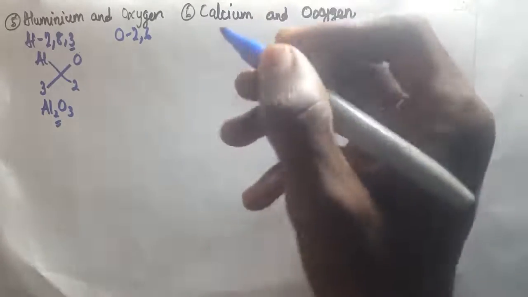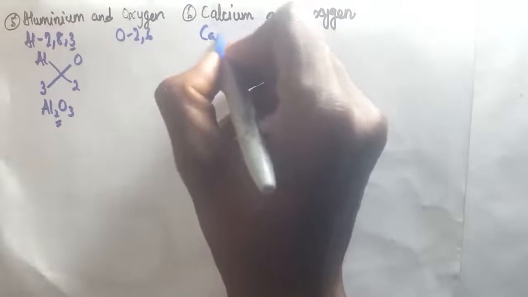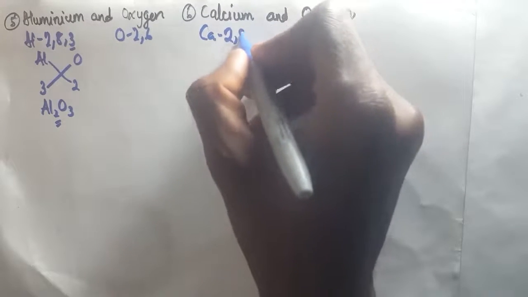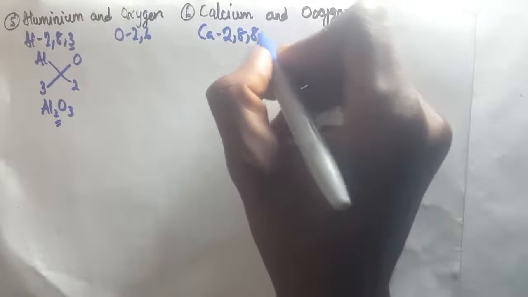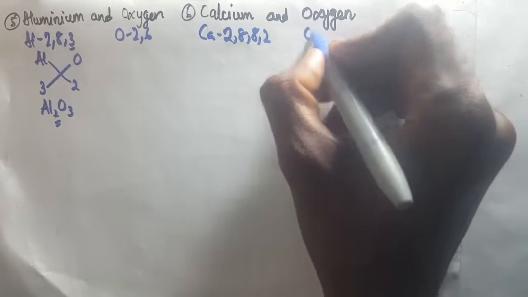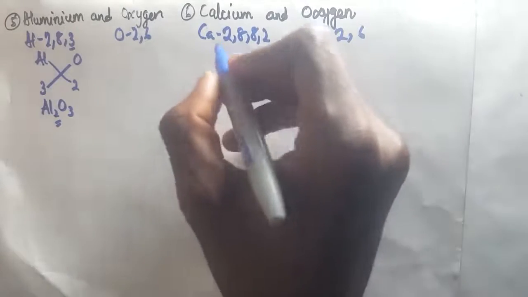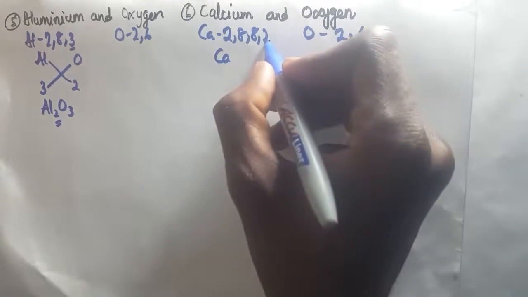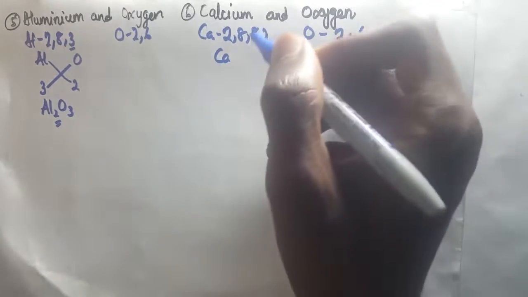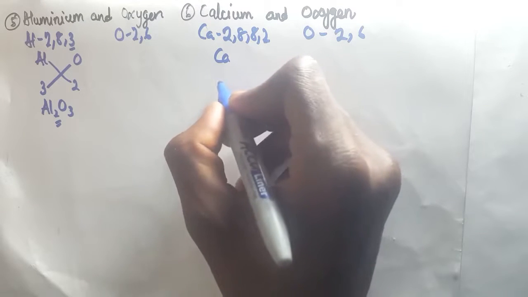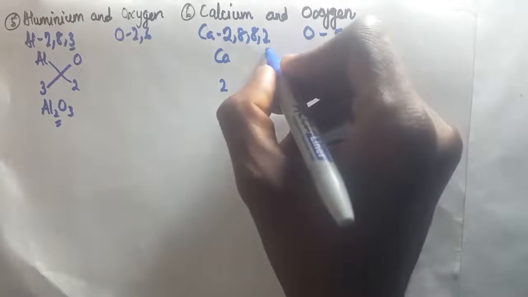Over here we have calcium. Calcium is the 20th element. So Ca is 2, 8, 8, that's 18, then 2, 20. Oxygen, we have 2, then 6. So Ca, since it has 2, when it's 1, 2, or 3, it's going to lose. So it's +2, so the valency is going to be 2.